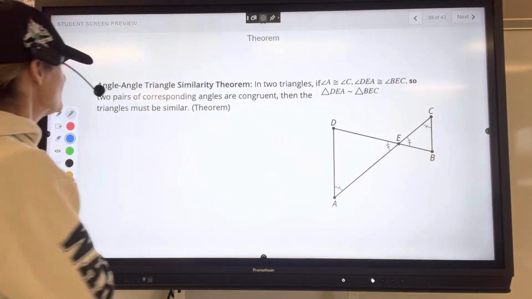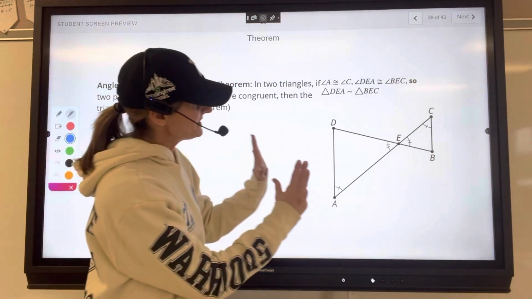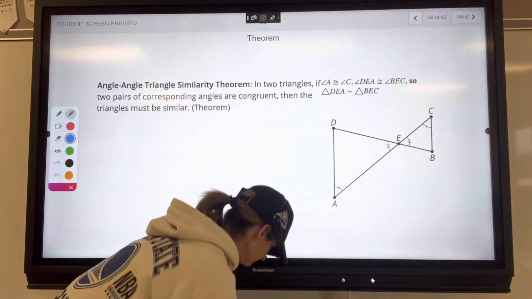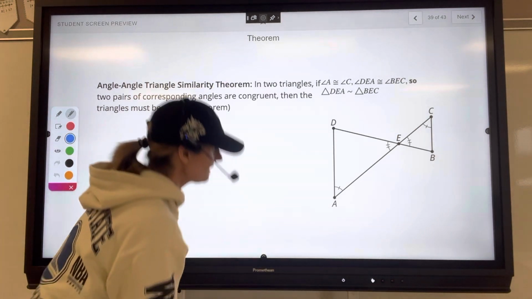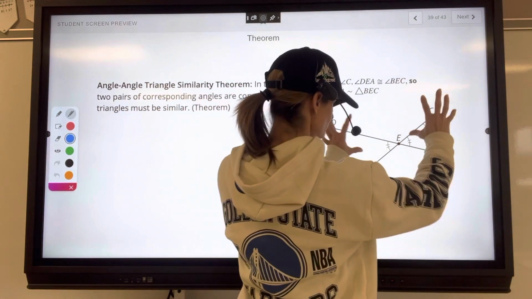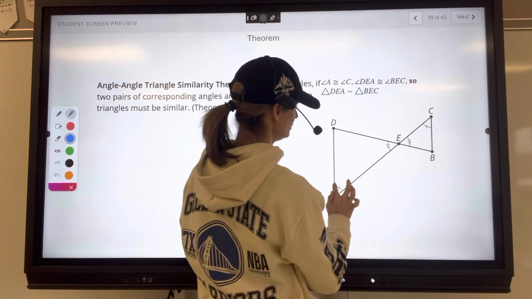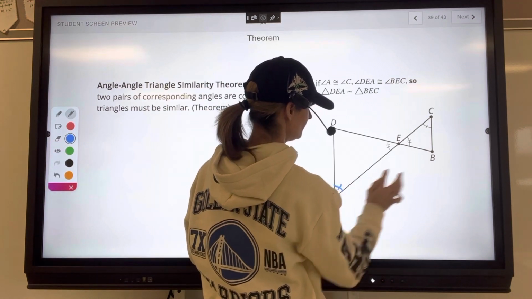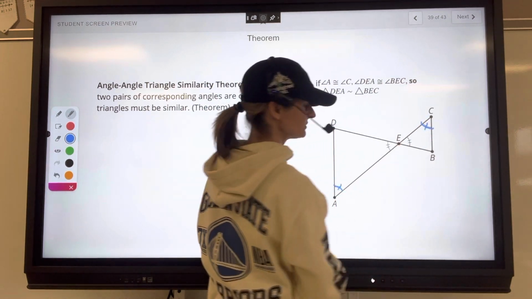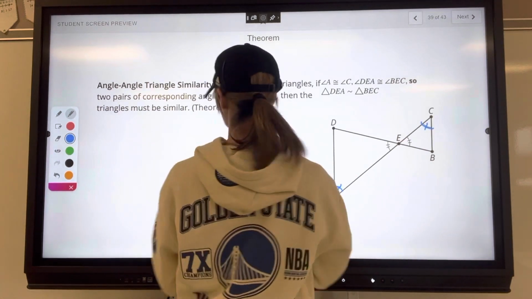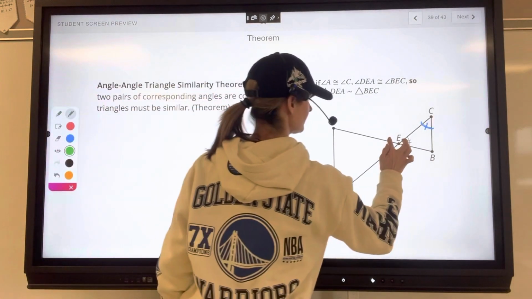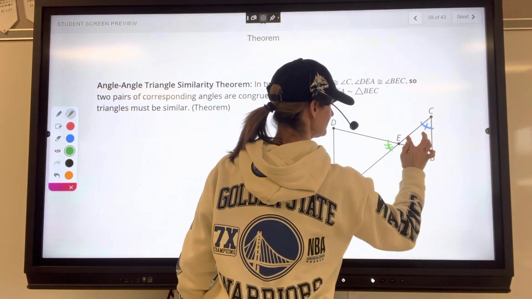Here we go. So what this says is, if we know that we have two triangles and we have two pairs of corresponding congruent angles, there's one pair, here's the second pair. These are called, does anyone remember what these are called?